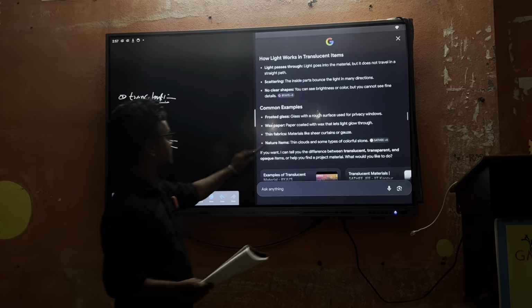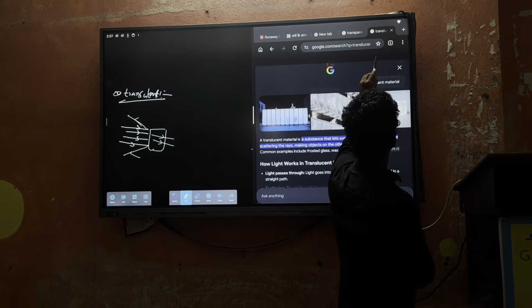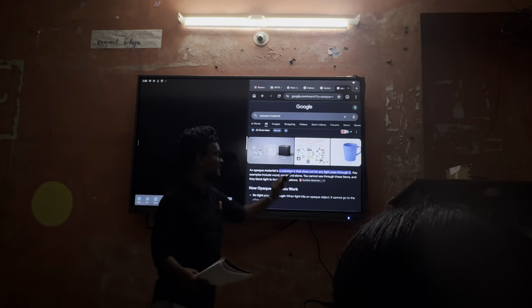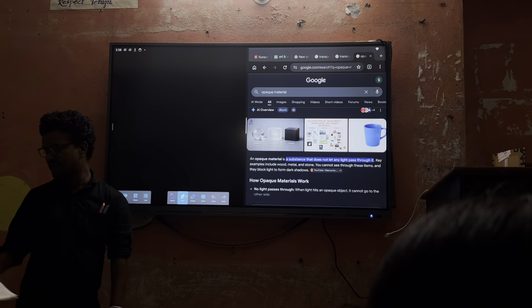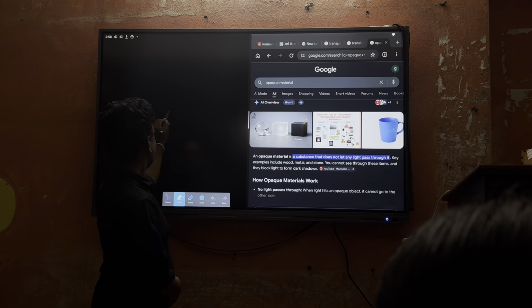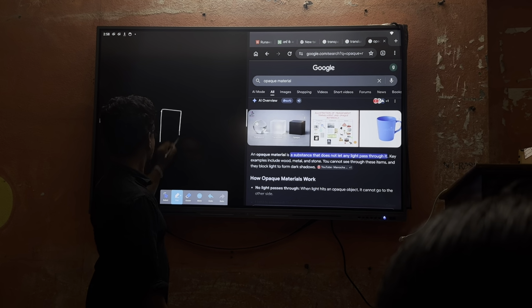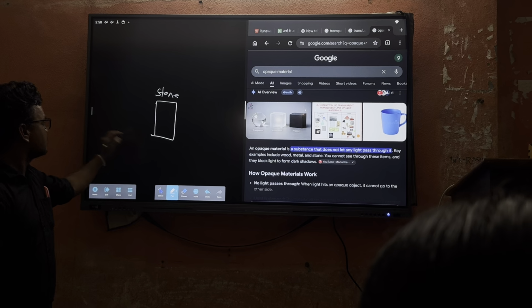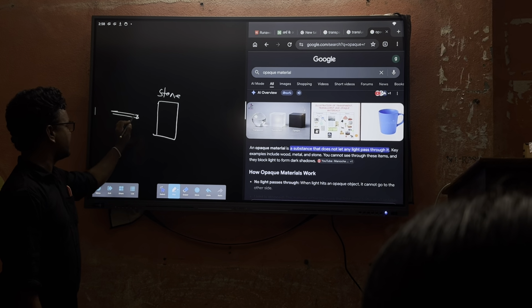Next, the third category. What is the third type? The opaque material is a substance that does not let any light pass through it. Not even a single ray is allowed inside. The best example is a stone or brick. Take it outside and arrange a white light source.